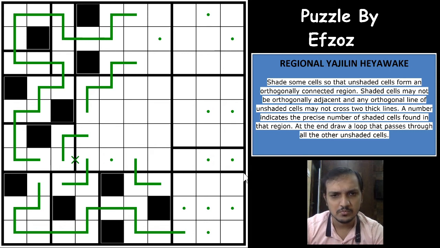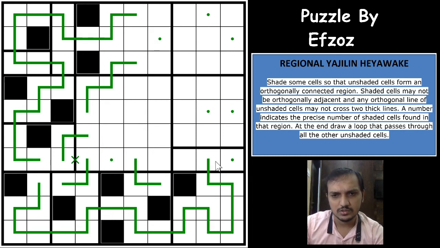Okay, am I missing anything here? So if I shade this cell, this has to go this way. Okay, so I need to have both of these cells as shaded cells.